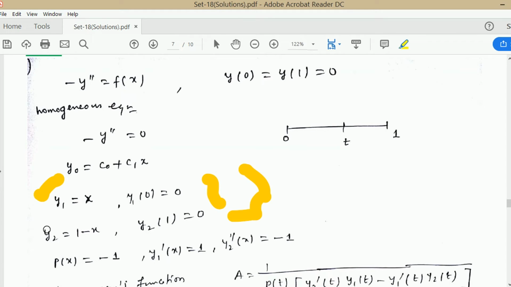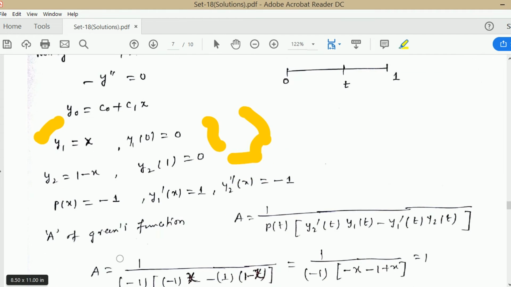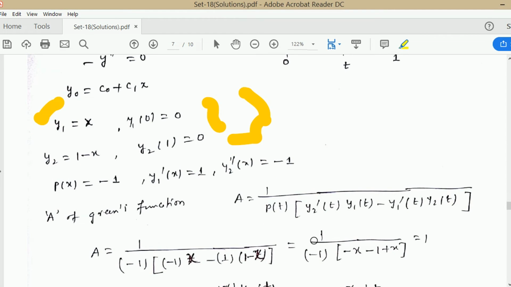As we know y1 and y2, we have to find another constant a of the Green's function, and the formula for this is 1 by p of t times y2 prime t y1 t minus y1 prime t y2 t. And what is p?